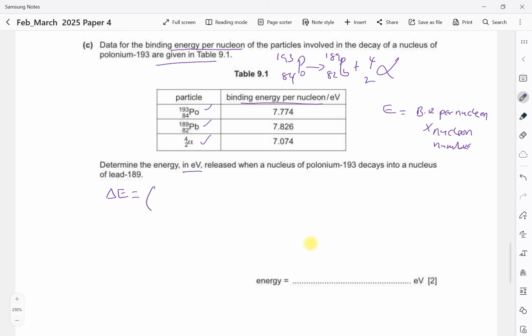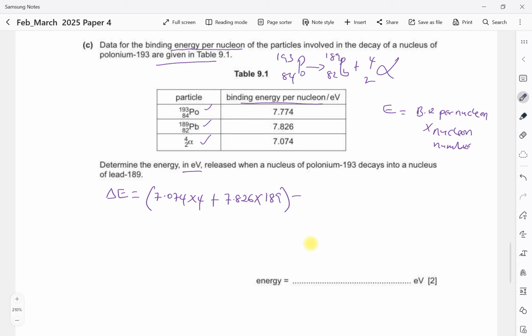So this is going to be 7.074 for alpha times the nucleon number, which is 4. Then plus lead, which is 7.826 times the nucleon number, which is 189. That is total energy on the right hand side.